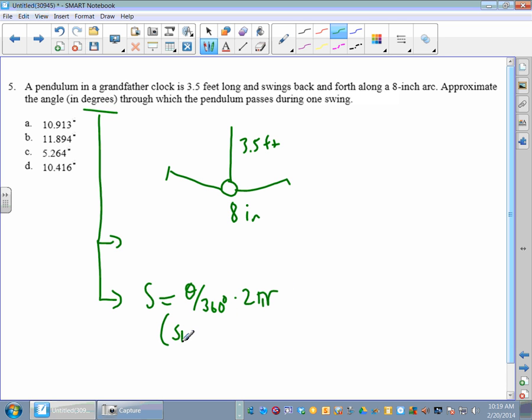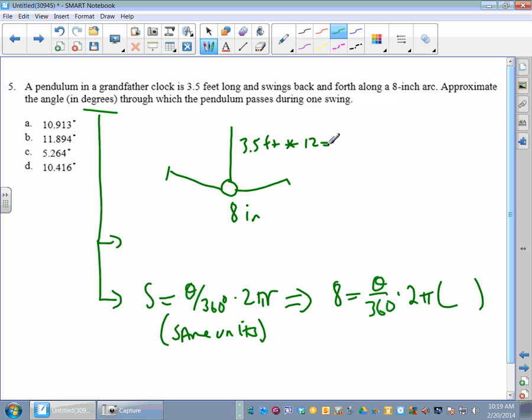But you have to have everything in the same units. So you want to go inches or feet? Inches? All right. So the arc length is going to be 8. 8 over 360 times 2 pi. What's the radius in inches? 42 inches.